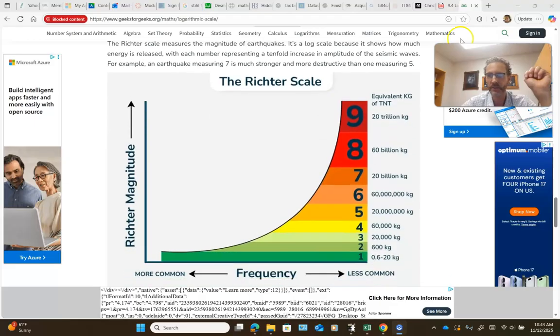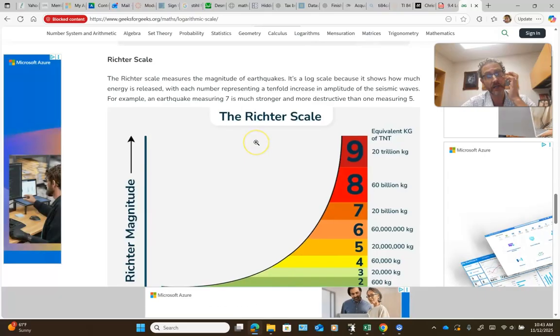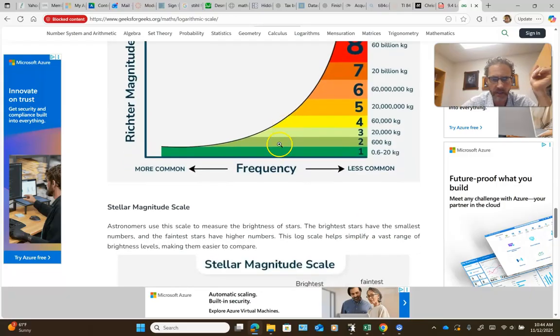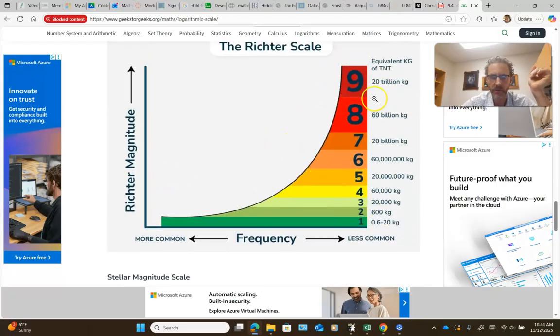Another scale is the Richter scale that we use to measure the intensity of an earthquake. I always thought it was a base 10 scale, but looking at this over here makes me think it's like a base 3 scale, because when you go from a 4 to a 5, it looks like you're increasing by a factor of 3, or from 5 to 6, you're increasing by a factor of 3 there.